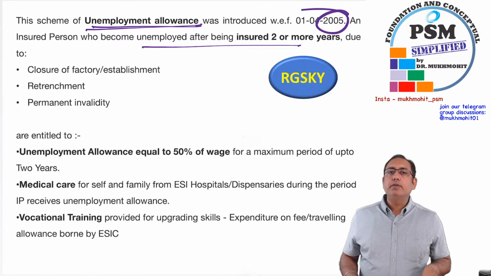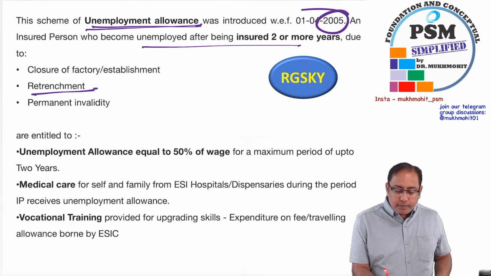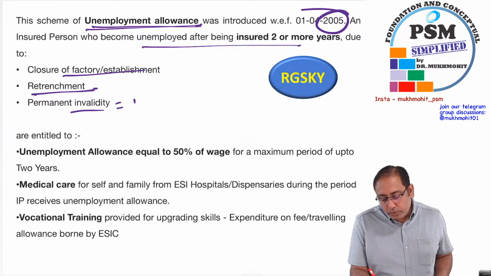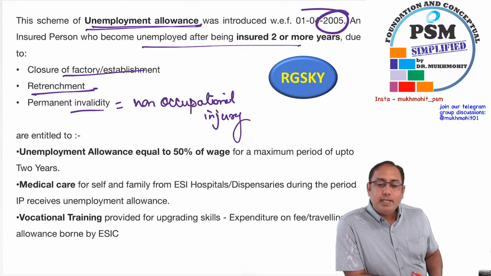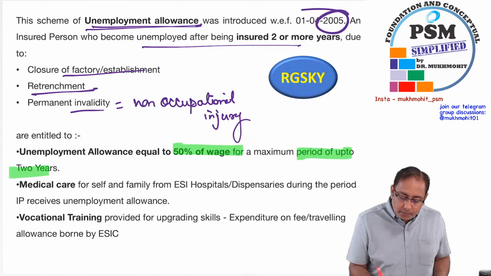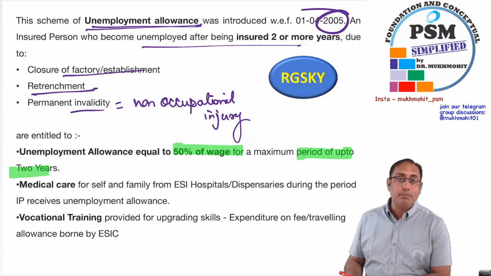If they are forcefully asked to leave, like retrenchment, which means they were laid off, or closure of the factory or establishment, or permanent invalidity due to non-occupational injury, in those cases they can avail 50% of wage for a period of up to 2 years. This is the unemployment allowance given to these people.